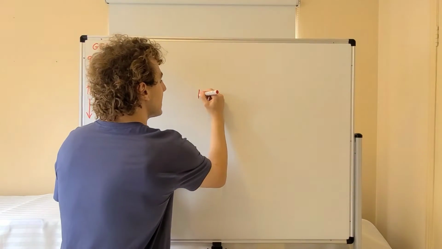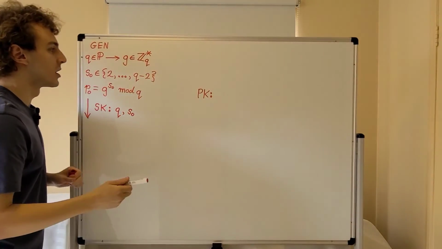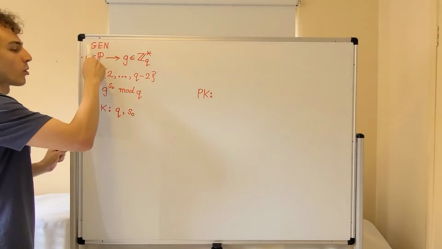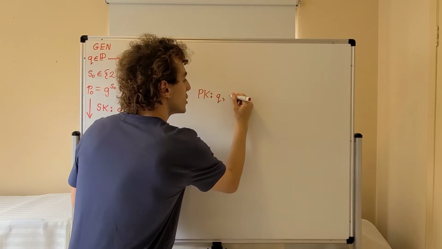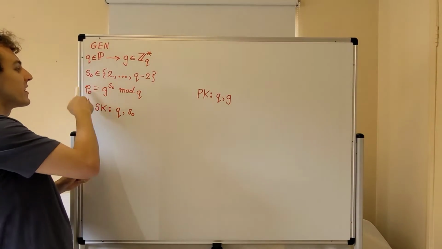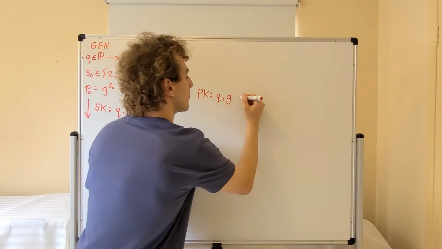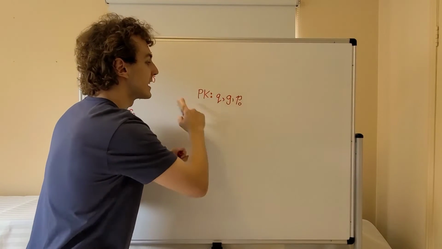The public key, PK, is going to consist of several values. We're going to need to include this prime, Q. We also need to include the generator, G, and we also need to include this public value, P0. So we're sending 3 values in this public key.